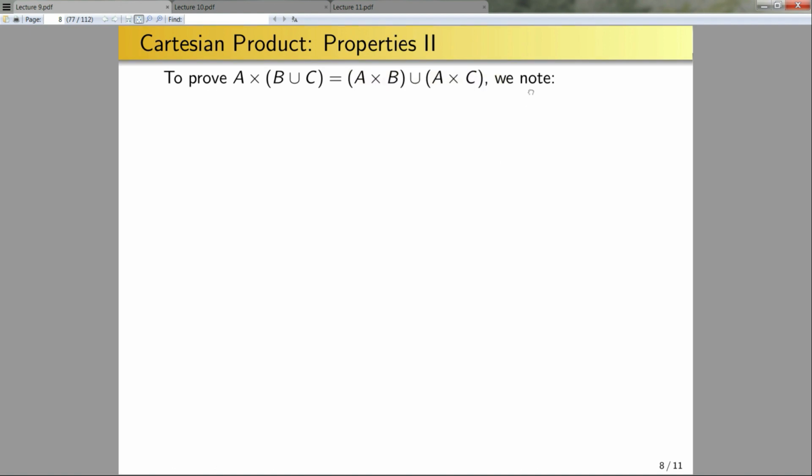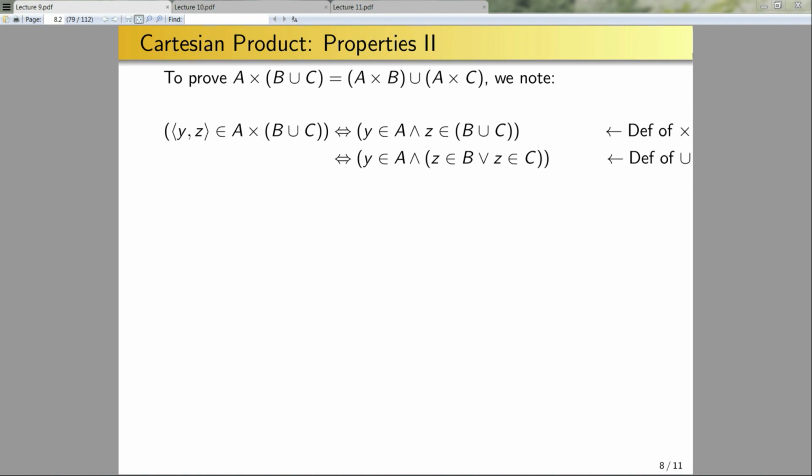Explicitly, we note that an element (x, y) is in this set if and only if x is an element of A and y is an element of B union C. This is just the definition of the Cartesian product. Next I'm going to unpack the definition of the union just to simplify things a little bit. Unpacking that, this expression is of the form P and (Q or R). So let's use the distributive law to spread it out.